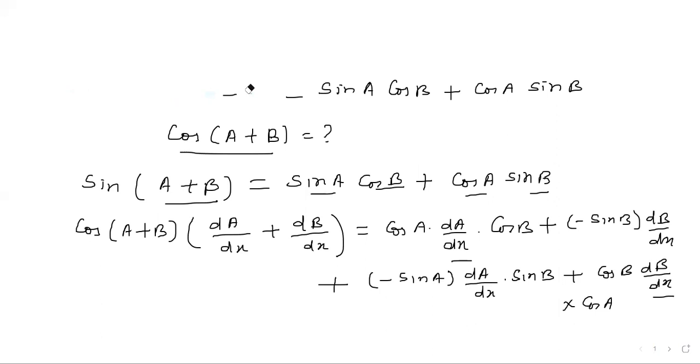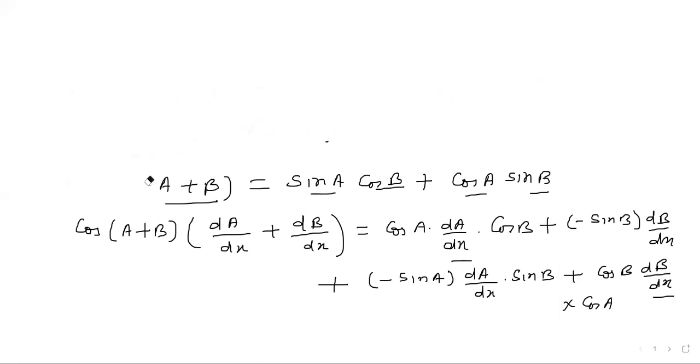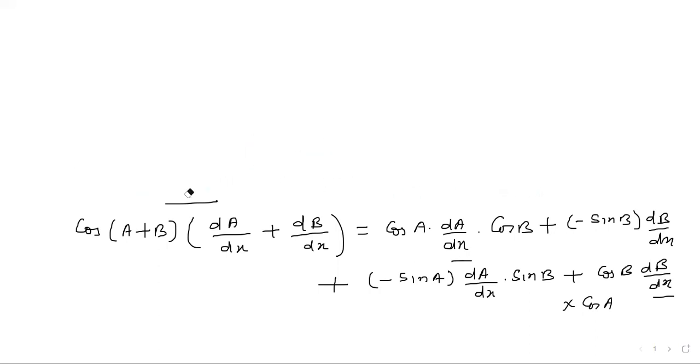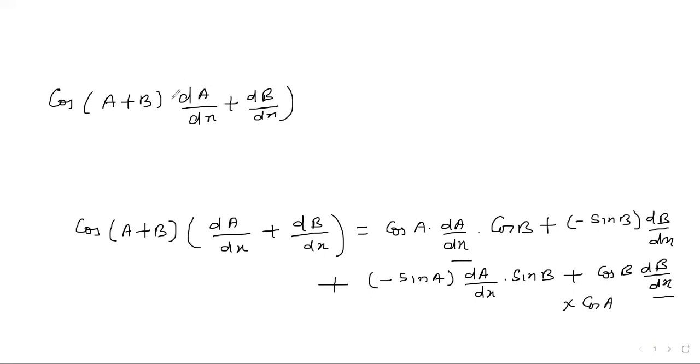So we write cos(A + B) times (dA/dx plus dB/dx) equals, if we take dA/dx common from here, dA/dx times (cos A cos B minus sin A sin B).